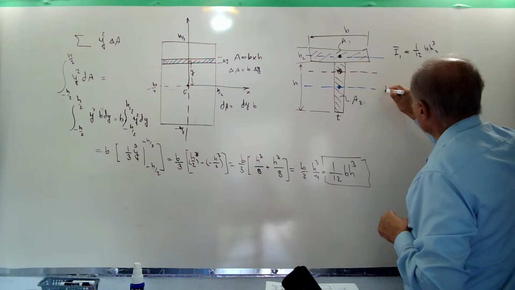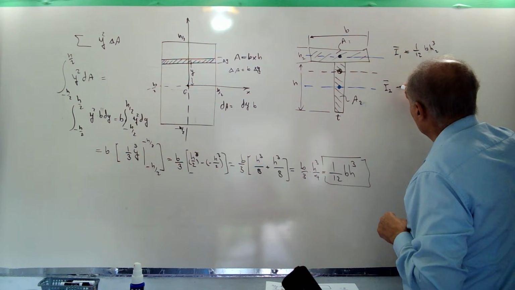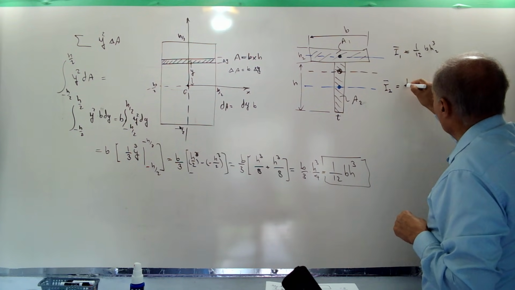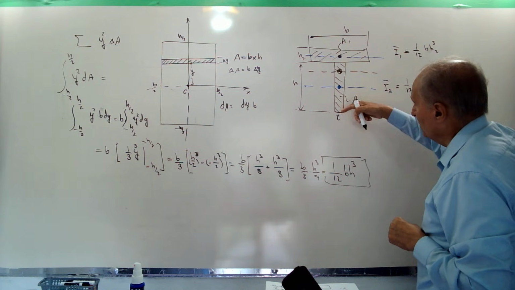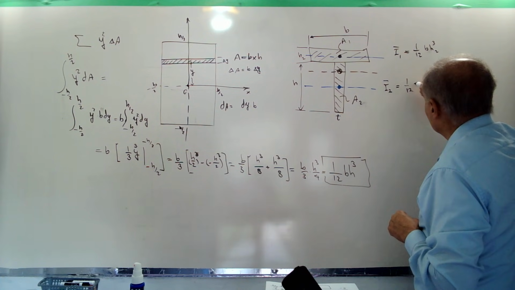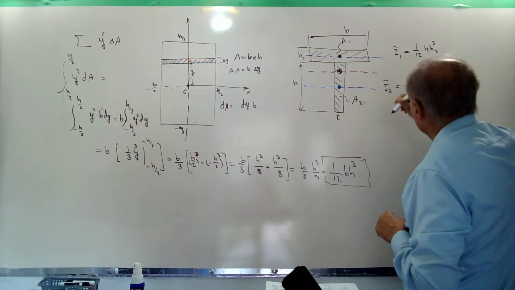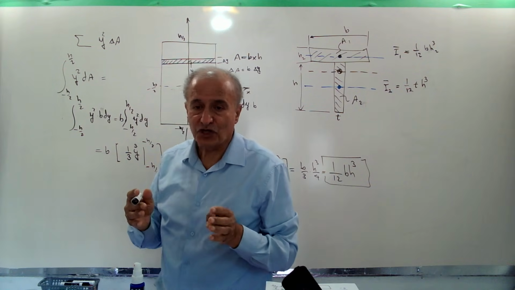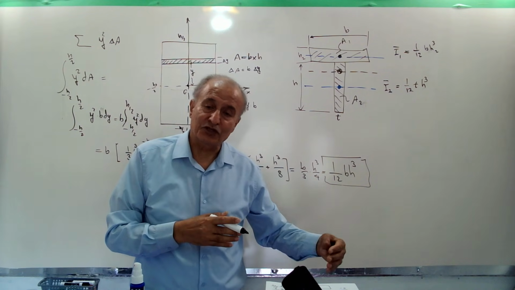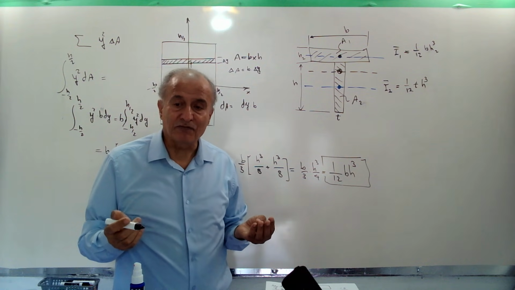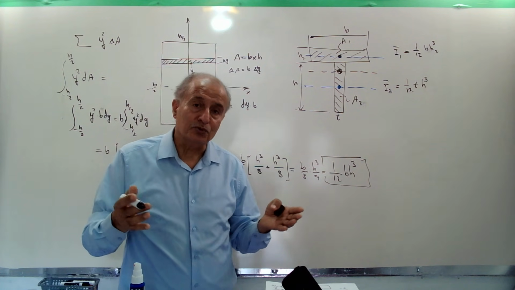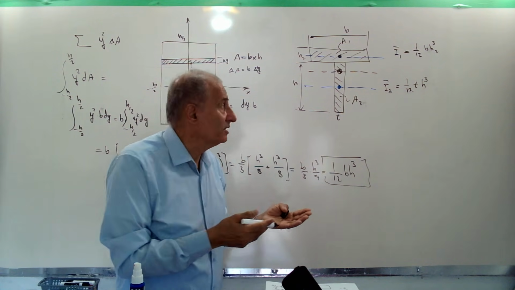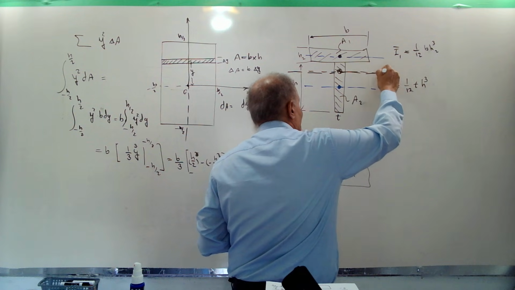And for this one, around this neutral axis, I bar 2 for this web of the beam is equal to 1 over 12, for any rectangular shape, times b, which is t here, the thickness, h to the power 3. Then we calculated for a simple geometric shape the moment of inertia about its own axis. And then we want to use the parallel axis theorem to transfer all this moment of inertia around the neutral axis of the beam, which is this axis.